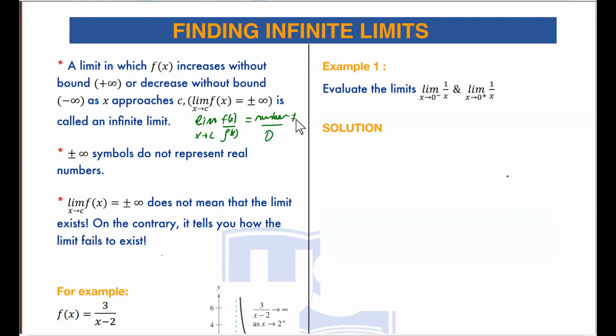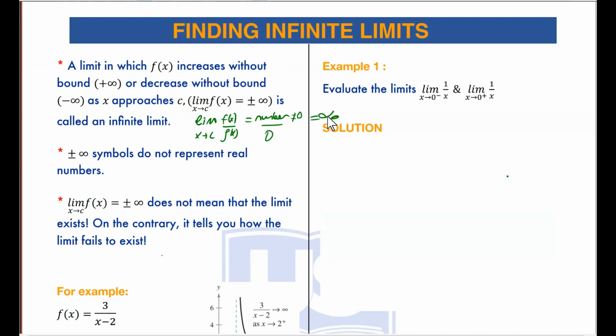So a number other than 0 divided by 0 gives you infinity. Whenever we have this situation, by substituting the value of x in the function in limits, we get the number over 0 condition, then the answer is going to be infinity.